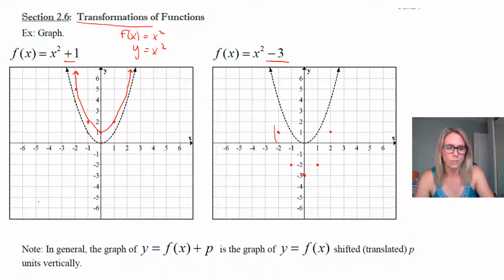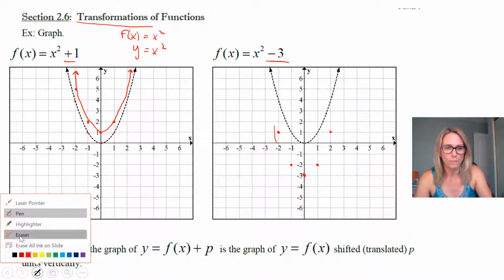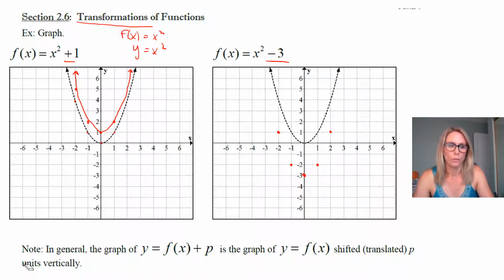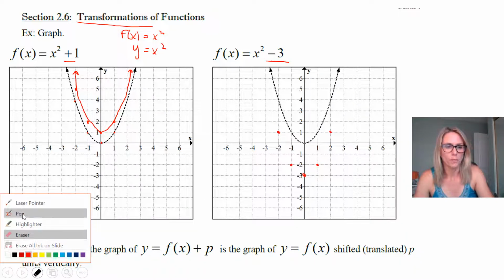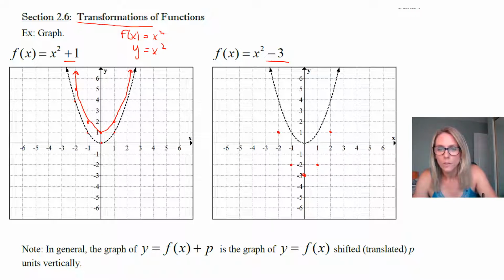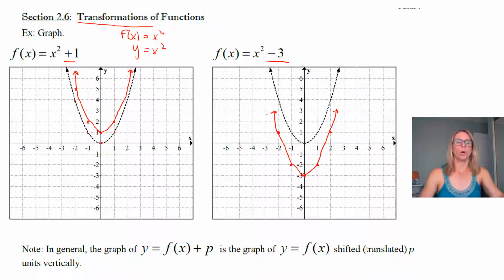So you'll notice it's the same shape. We definitely have the same shape here. The only thing is that it's a vertical shift. So notice there's a note there at the bottom that I'm going to mention. It's saying if you have a function, so in this case that's the x squared, and then you have some constant afterwards, it's just the original graph shifted p units vertically.